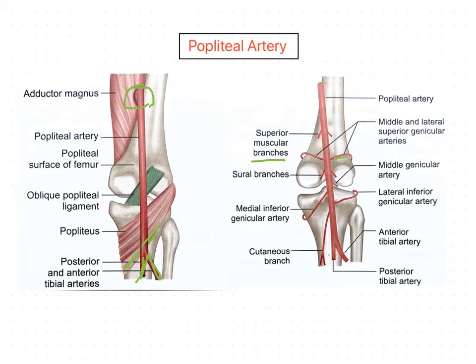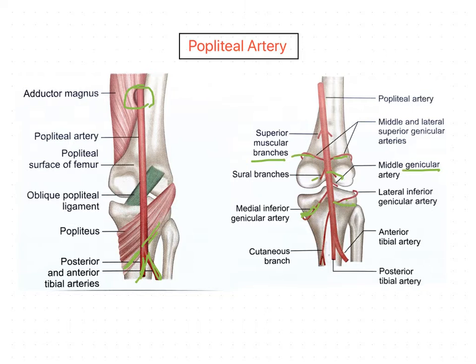These are the middle and lateral superior genicular arteries, the lateral and medial inferior genicular arteries, and the middle genicular artery. So five branches arise from the popliteal artery.